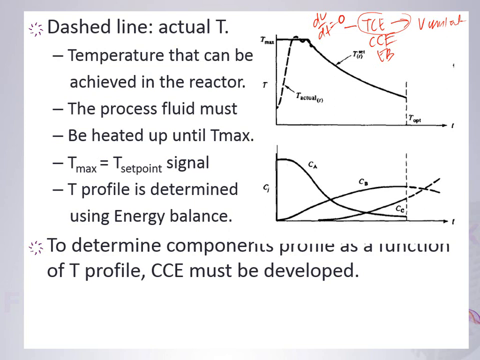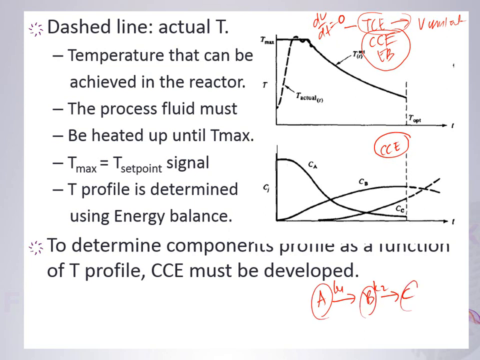Now you have to worry about your CCE and energy balance, because your temperature will actually affect the yield. So from your CCE, you have to do the balance for all three. Say A going to B going to C, you want to know how A, B and C change with time.